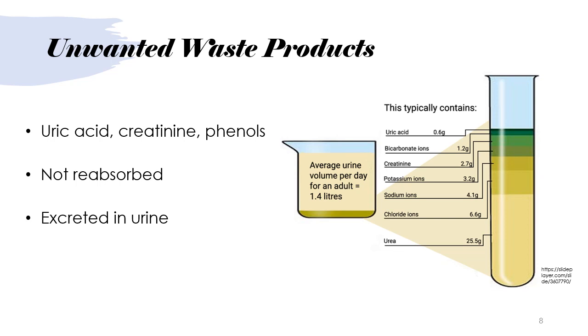And the average urine volume per day for an adult equals 1.4 liters. And the image here shows what a typical urine composition consists of, down to each portion of the waste products and the amount that's in the urine.